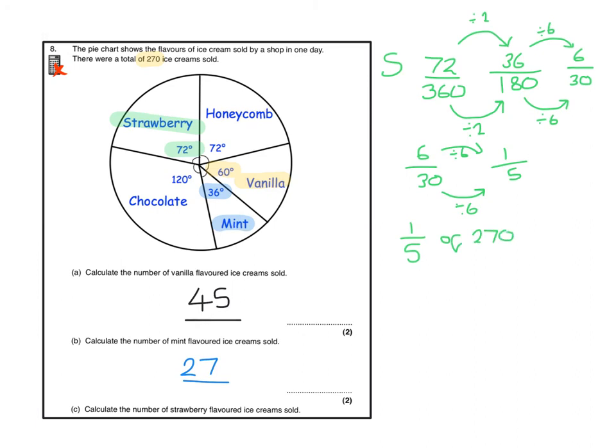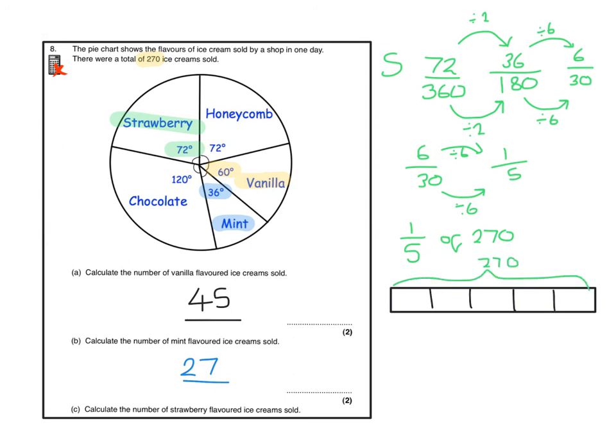Again, go back to my bar. This time we're splitting it into fifths. I know that the whole bar represents 270. I want just a fifth, so I need to be dividing by 5.